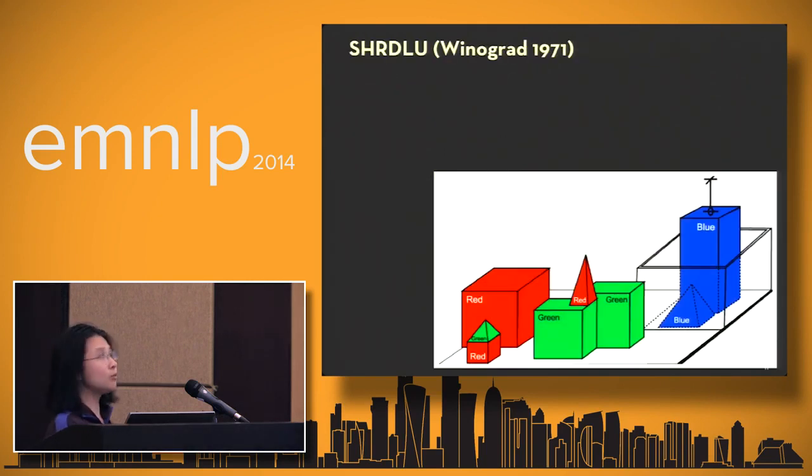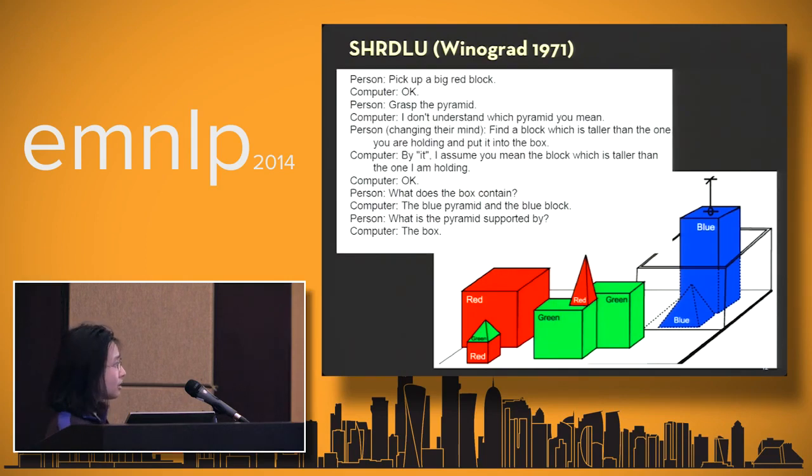So before I start, I want to talk about a bit of prior work that's relevant. Many of you are probably familiar with the very famous SHRDLU system by Terry Winograd from the early 70s. He had a nice system where he worked with basic geometric blocks.